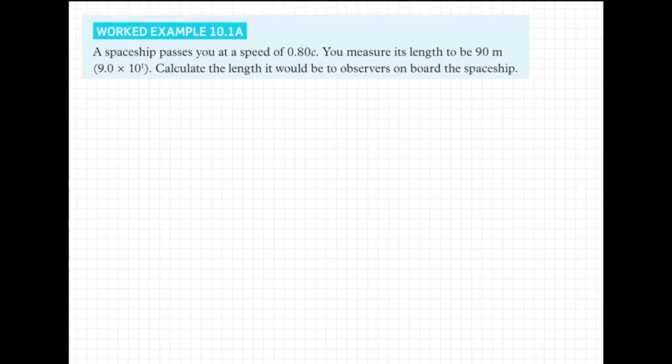The proper length is the length that can be measured by a person who sees the start and end points not moving relative to them, okay? If we're talking about a train passing you, who measures length? If the train passes you, who measures the length that is stationary relative to them?